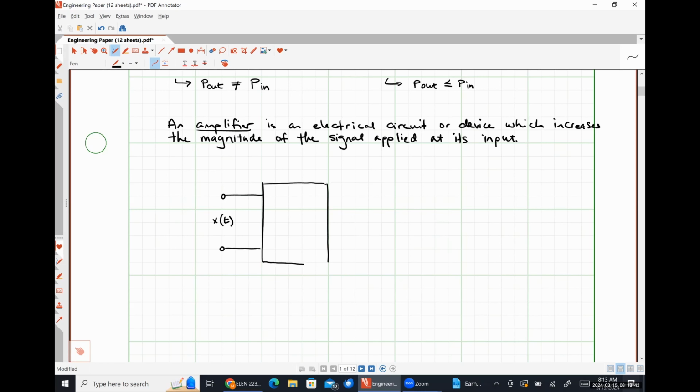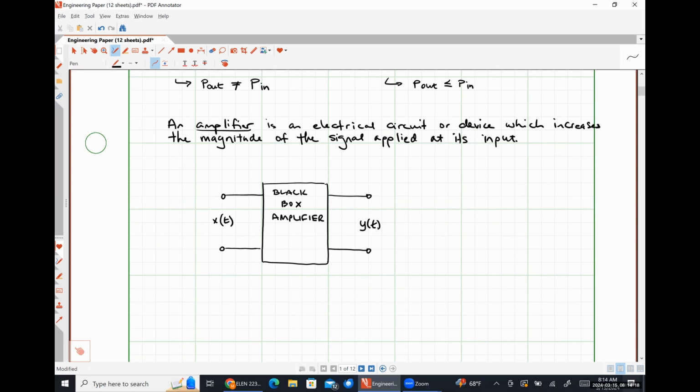Then we have a black box that's representing our amplifier. And then over here on the right-hand side, we have our output signal, Y of t, which could be, again, a voltage, a current, or a power waveform.